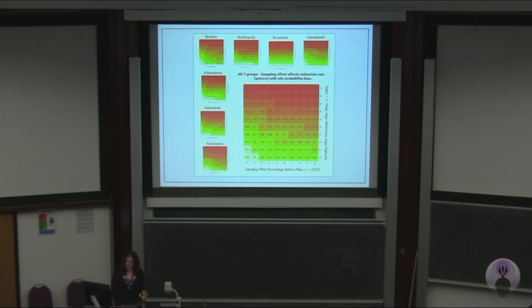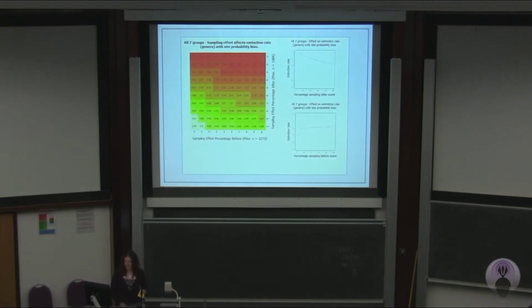But if we concentrate just on the combined data, I can understand that these graphs can be a little bit complicated to look at, so I've also produced some of the more traditional graphs. You can see that the lower graph here is showing the Maastrichtian data. So again, it's showing that the more sampling you do, the more severe the extinction appears.